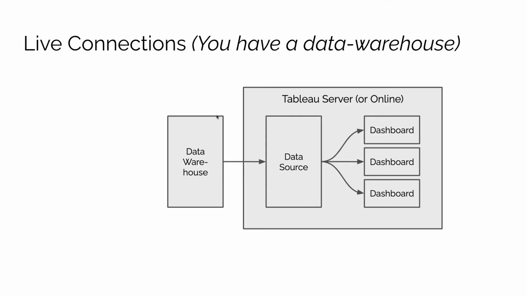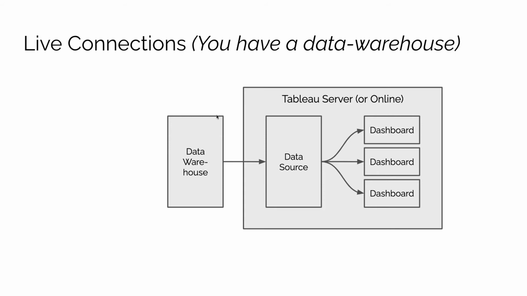This is a semantic layer in Tableau that contains logic for calculations, aggregations, naming conventions, so that when you're actually building a dashboard or building any kind of content in Tableau, you don't need to understand how your actual database works. This data source abstracts some of that complexity away.